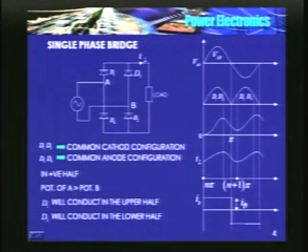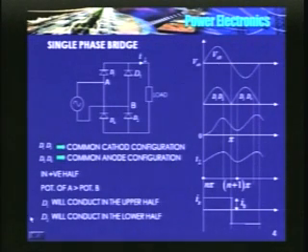This I naught is the magnitude of the load current, constant I naught. Source voltage is a sinusoid, whereas the current is a rectangular waveform.